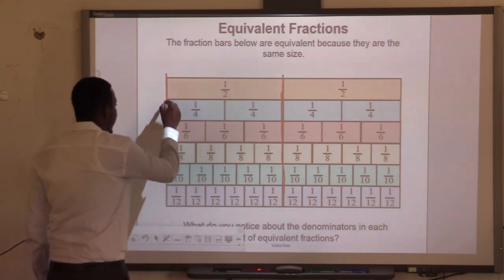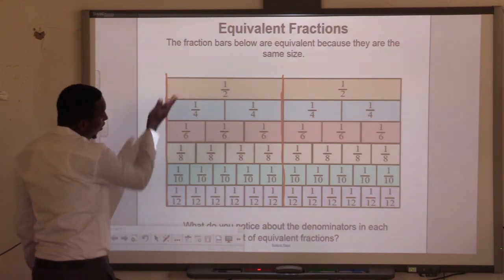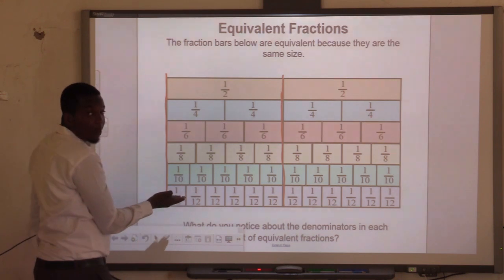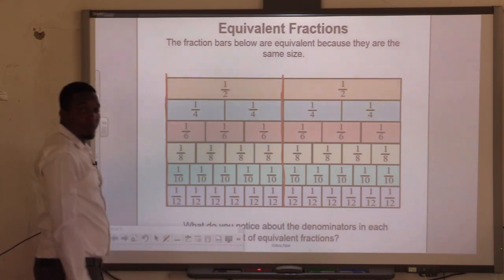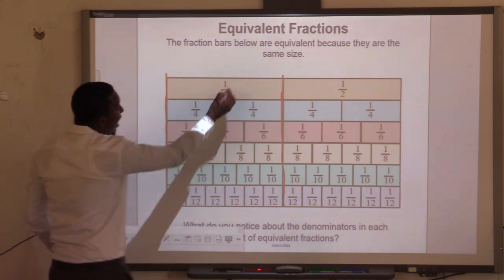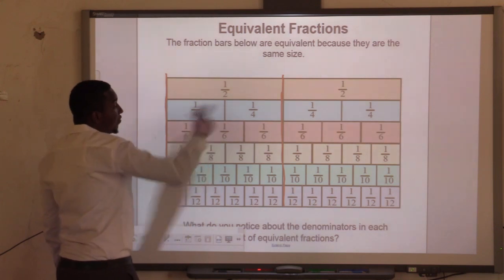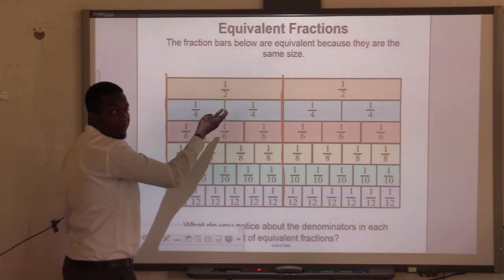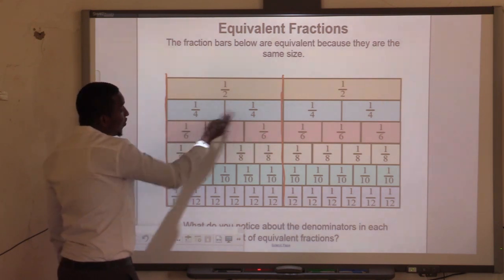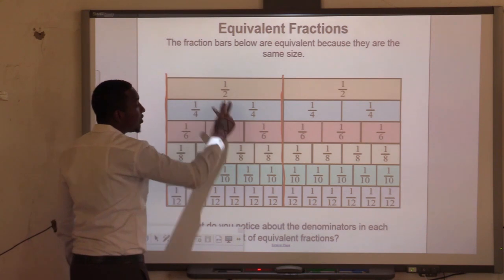Let's extend that and see what we have. We will see that all these regions are equal, but they are divided into different proportions. So the half that we have here can be equivalent to 2 of the 1/4 that we have. So 2 of the 1/4 is simply adding the 1/4 here and the other 1/4 here to be equal to the half.